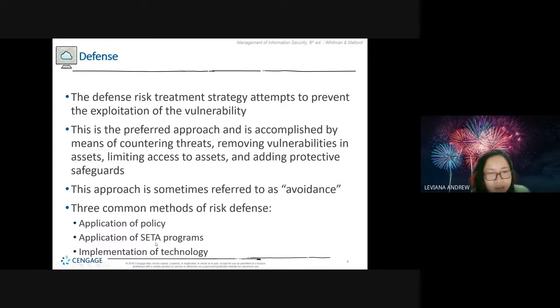You create a training awareness program on cybersecurity for all of the employees. And then implementation of technology. We use biometrics, firewalls, or antivirus, any kind of technology that can prevent the exploitation of vulnerability.